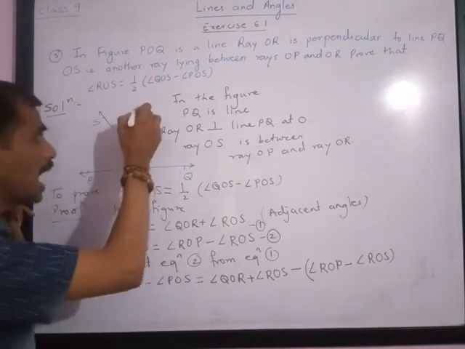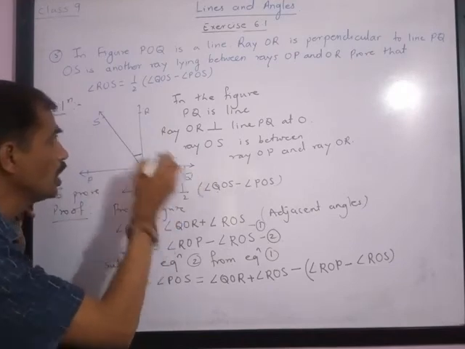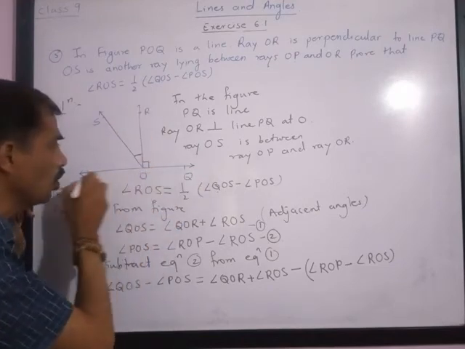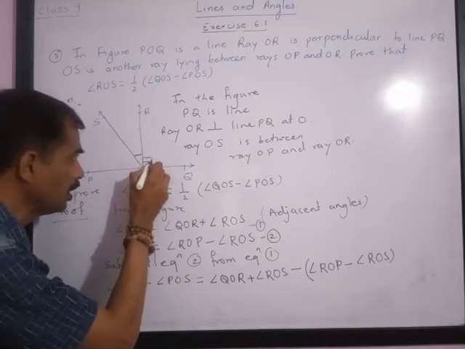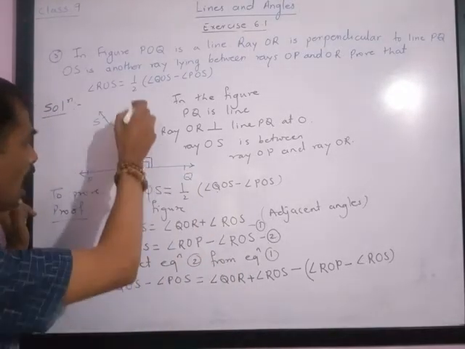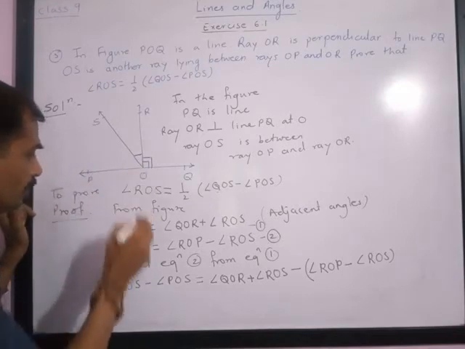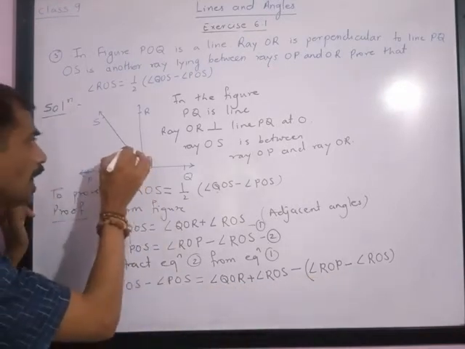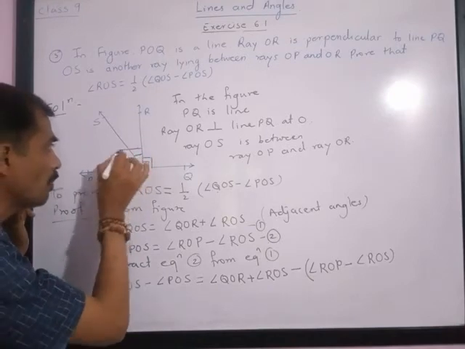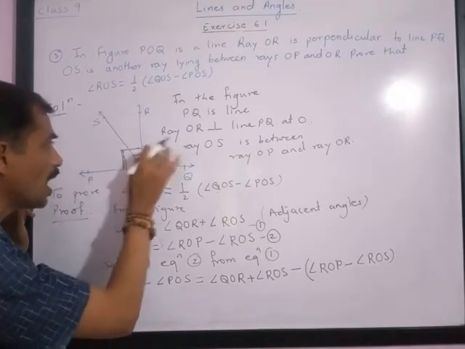It means angle ROQ, or you can say angle QOR, and angle ROP are one and the same. Both are perpendicular, so both angles are equal.